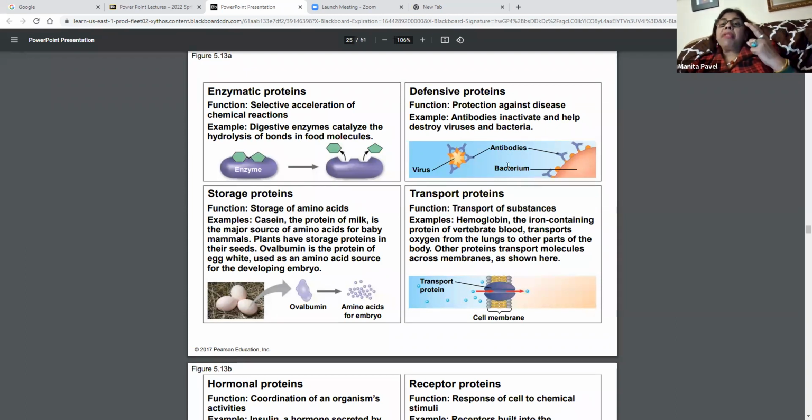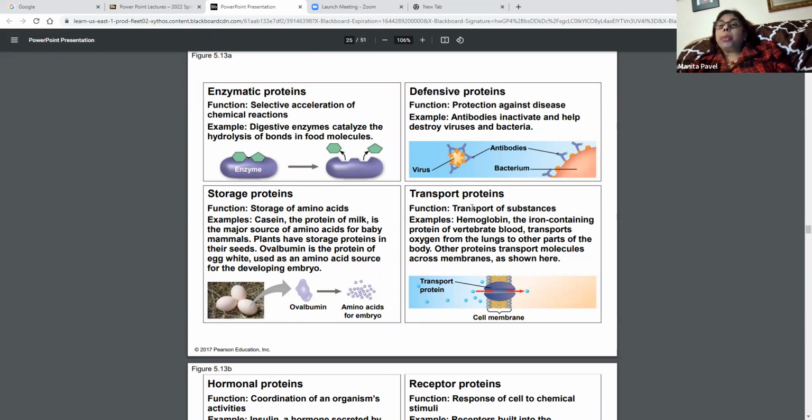If the shape of the antibody is not the same as the antigen, then that antigen cannot bind to the antibody and form what we call the antigen-antibody complex, thereby not being able to cause the infection. So antibodies can inactivate and help to destroy the viruses and bacteria.